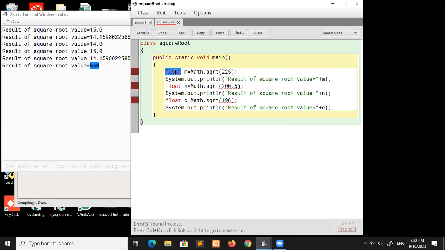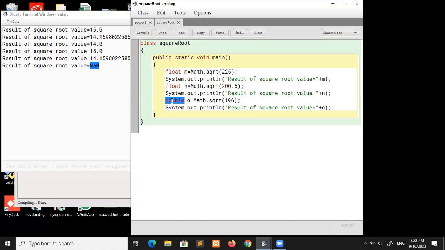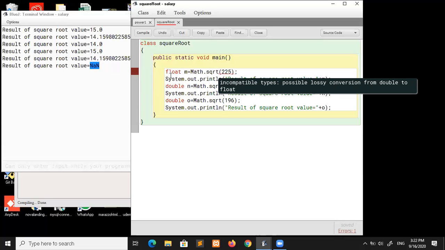Incompatibility issues mean, whichever type conversions we do, that is from one data type to another data type, that conversion becomes impossible for the compiler. So the extreme level one is the double, which makes it supportive to float as well as to integer also. If I compile it, it will show me the error only on this line.